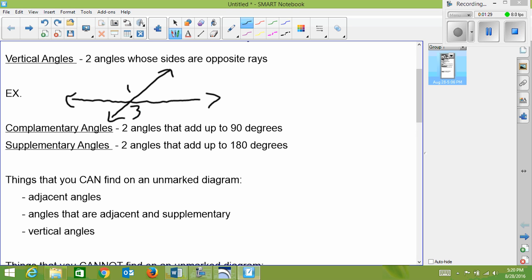So the side of this one and the side of this would be opposite rays, as would this and this. They cross each other. They're going to make an X. They're going to share two lines. That's another way to look at it. This one right here and this one right here would also be considered vertical. In this case, vertical does not mean up and down. It basically means diagonal or across from.